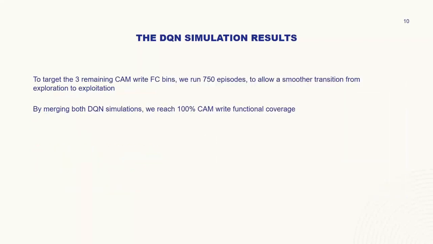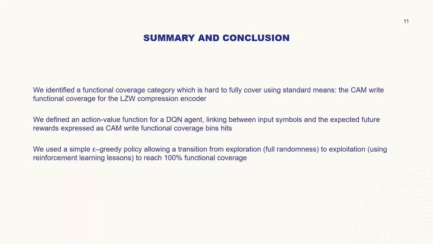So that's what I say here. In summary, first of all, we identified a design which has a coverage category that is really hard to hit using randomness. So we tried to use a machine learning tool that helps us hit the missing functional coverage bins.